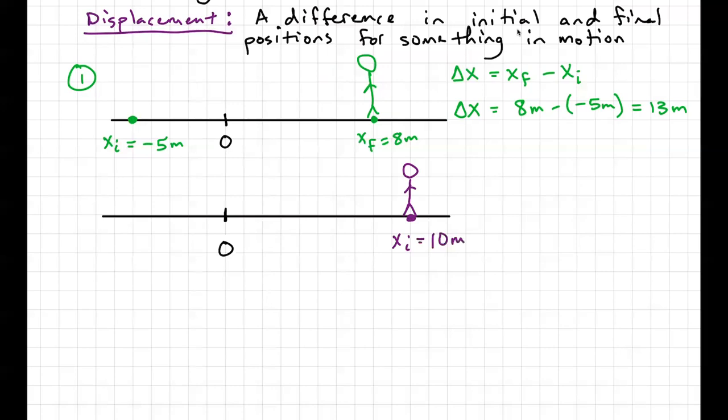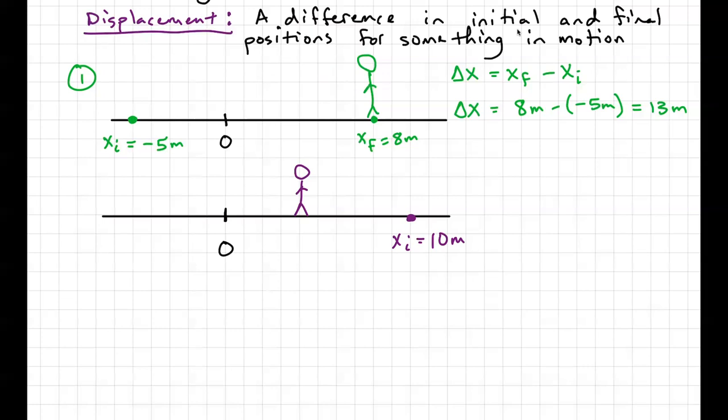But then I walk back to the left. Oops, I forgot my legs. Go back to the left to here, let's say. So I walked left to here, to some final position, which is now 4 meters. So I'm closer to the origin than when I started.